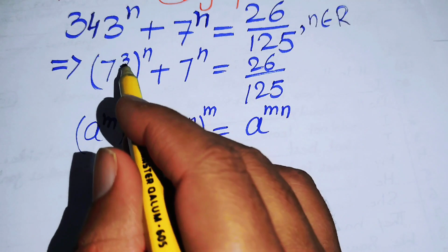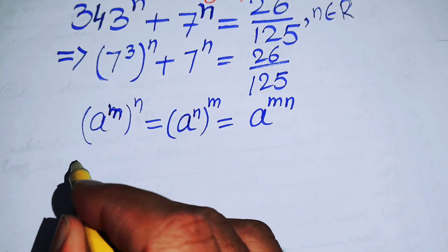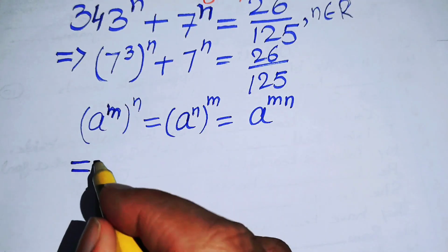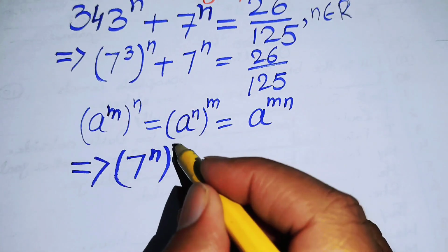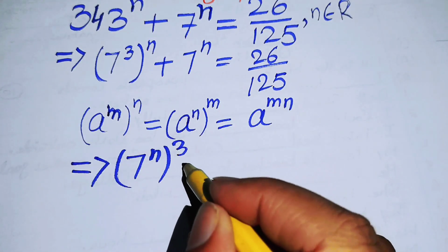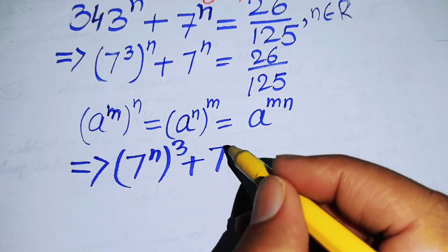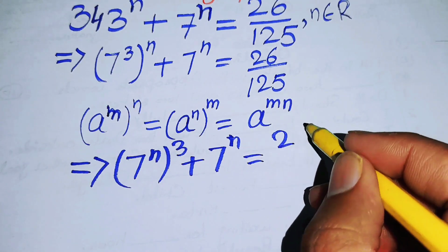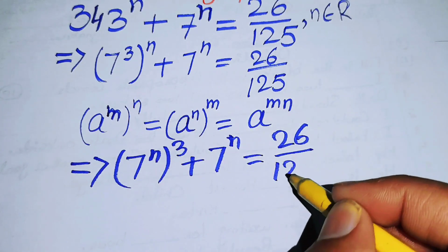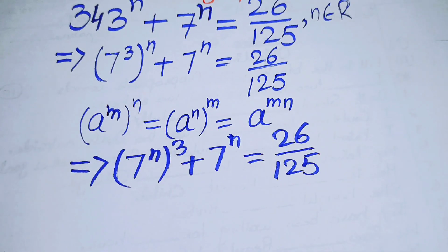So we need to interchange these two exponents, so we will write this equation as 7 to the power of n and its whole cubed, plus 7 to the power of n, equals 26 over 125.